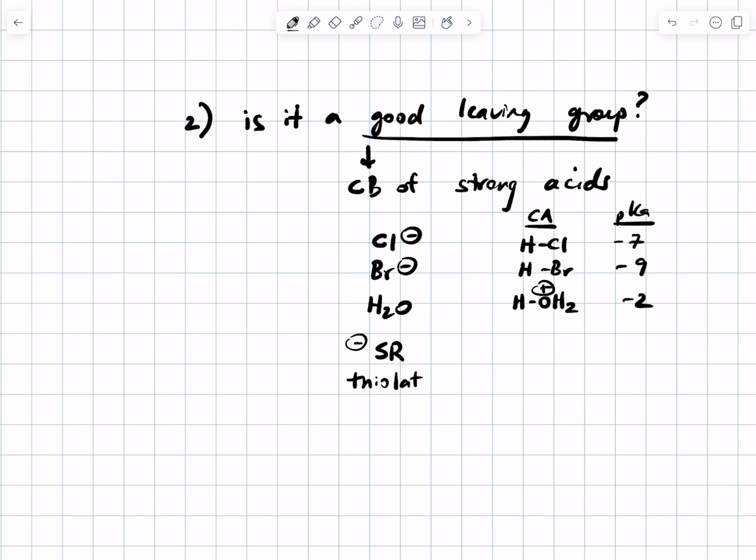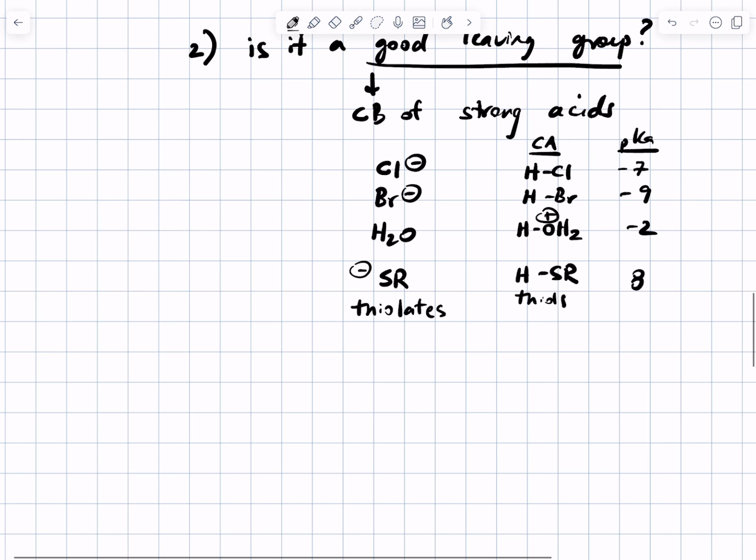negatively charged sulfurs, called thiolates, have conjugate acids called thiols, and they have pKa's in the range of 8. Other potentially good leaving groups in organic chemistry are called carboxylates.